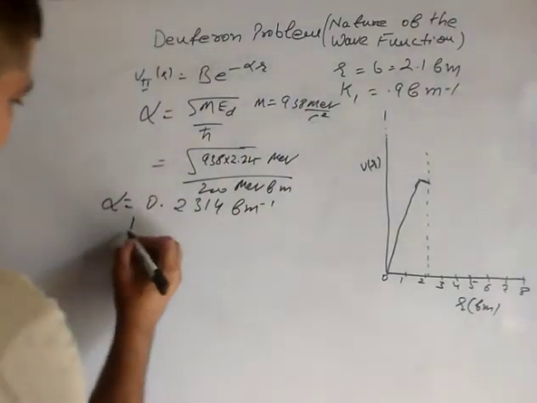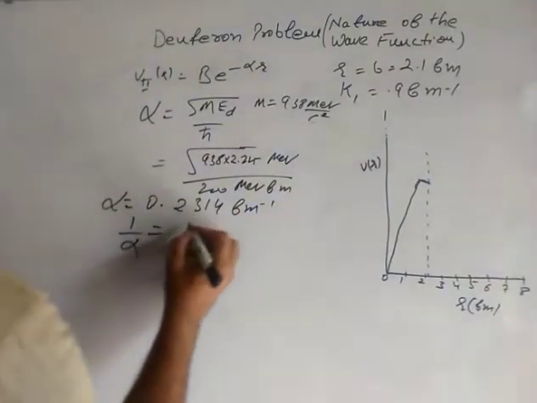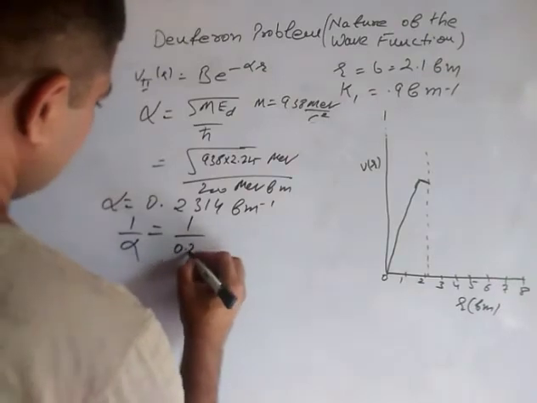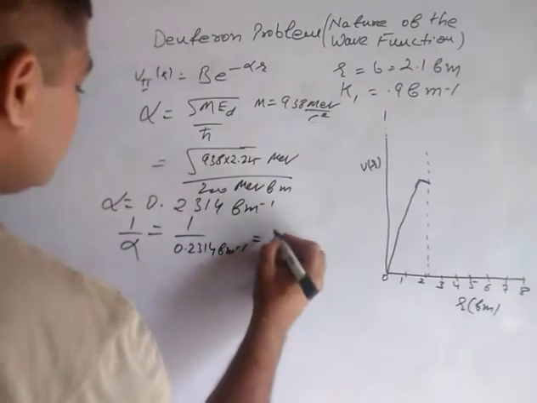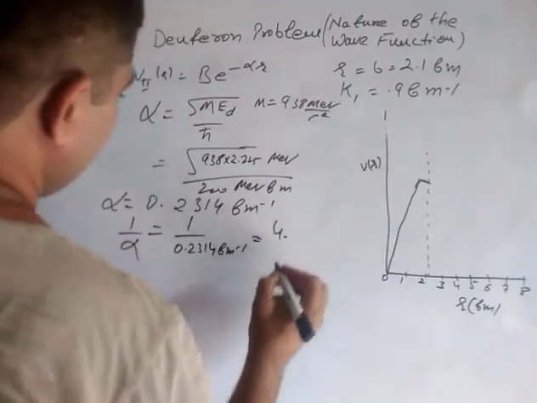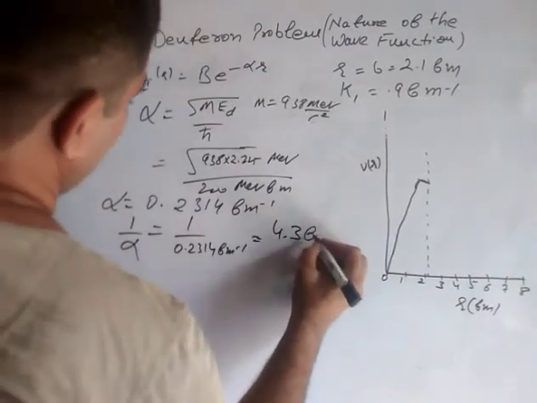Now what is 1 by alpha? 1 by alpha will be 1 upon 0.2314 femtometer inverse, which is approximately 4.3 femtometer.